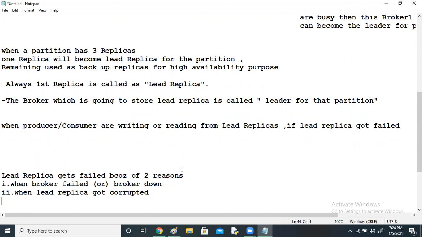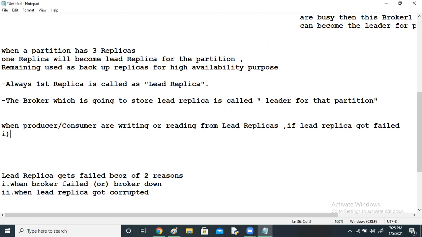Now when producers and consumers are reading or writing from lead replicas, if the lead replica got failed, here I'm writing the first one, writing got failed.